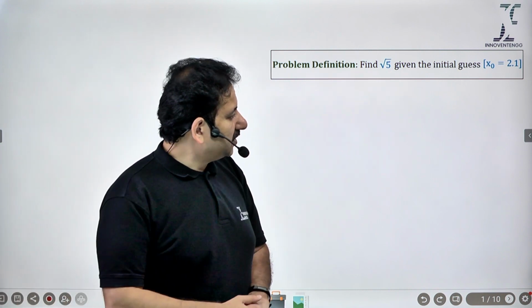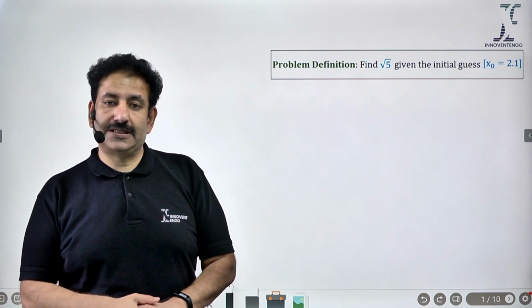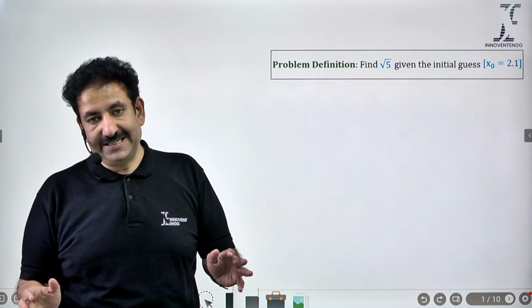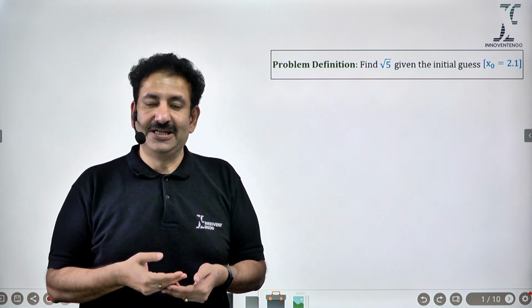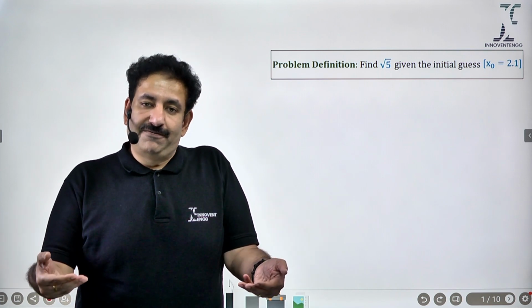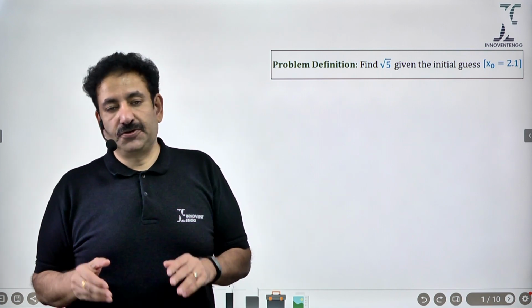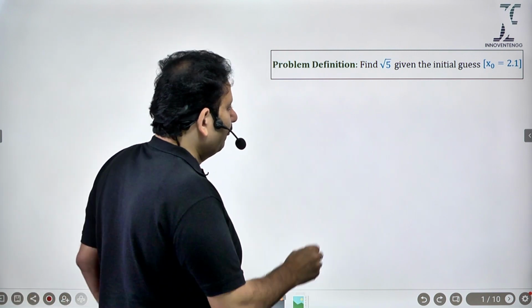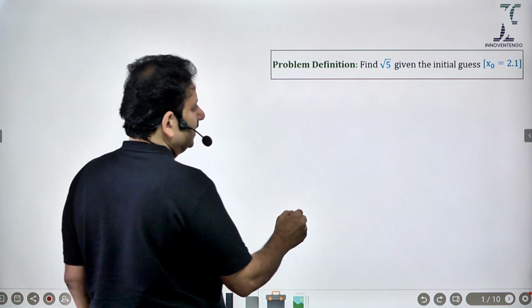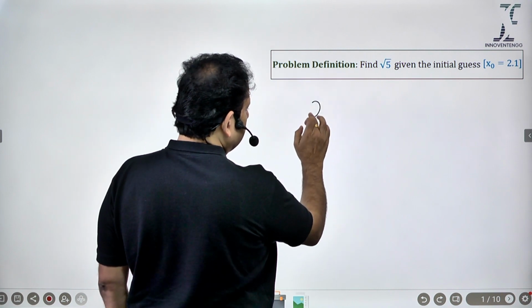Here the function whose root is square root of 5 is not given. So our first task is to develop an expression for the function whose value when becomes 0 gives you square root of 5. So what you are fundamentally estimating in this method, you are finding the root.